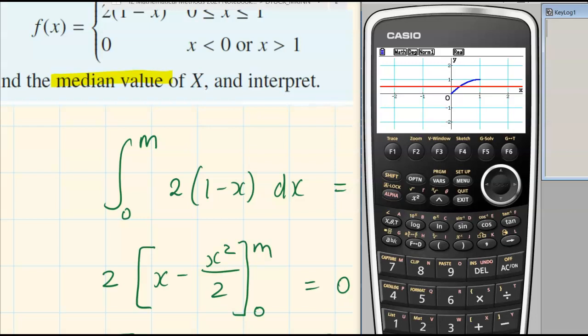So you could show that diagrammatically as well. Or is it above and below? It might be above and below in that case. Yeah, it's above and below, isn't it? Yeah, the area above and the area below is 1/2. Yeah. All right.